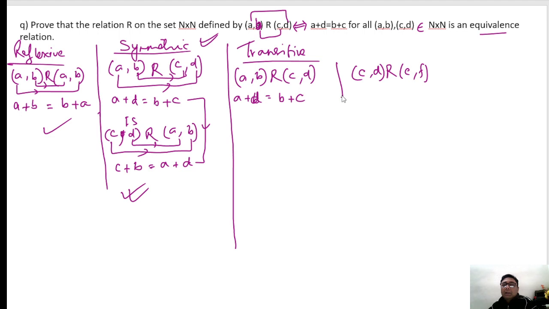So how will I write this? I should write C plus F equal to D plus E.